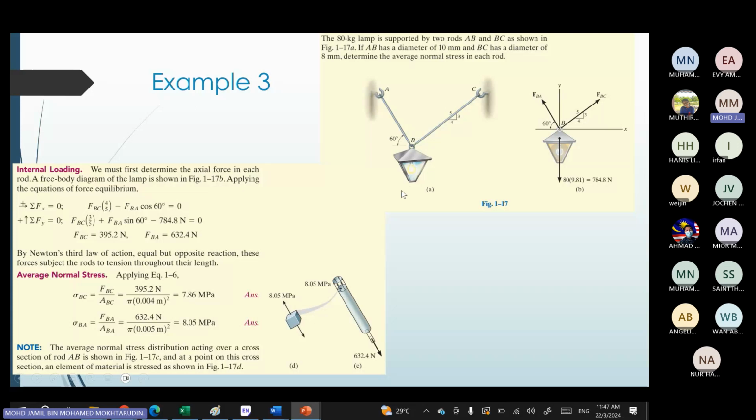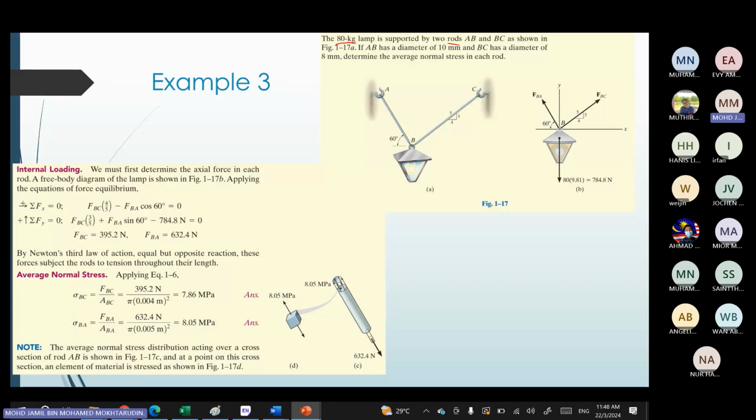Okay, so let's look at this example. Let's say you have a lamp, 80 kg, and this lamp is supported by two rods, AB and BC. So you have rod AB and rod BC.